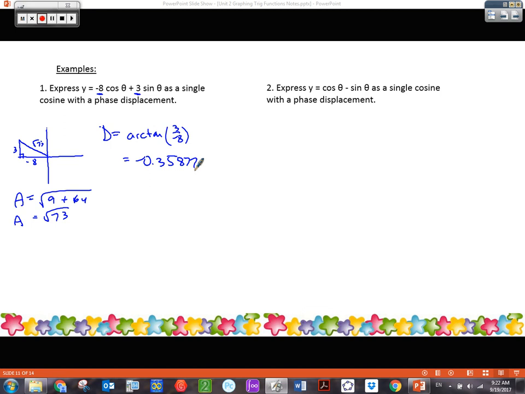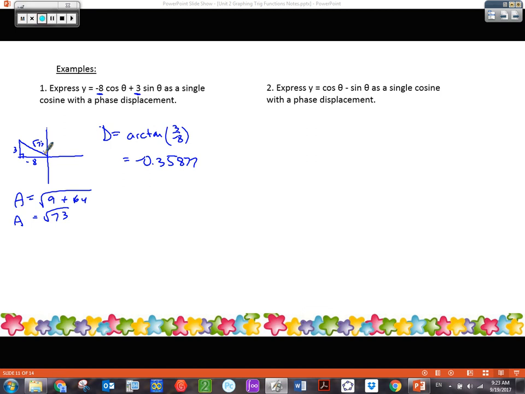Well, of course, it's going to be the principal value. Where would the principal value of arctangent be if the argument was negative? It's going to be in the 4th quadrant, right? It's going to be a backwards rotation to the 4th quadrant, because calculators only know principal values. All right, so this angle is in the 4th quadrant. That is not the quadrant that we need. We need it to be in the 2nd quadrant.